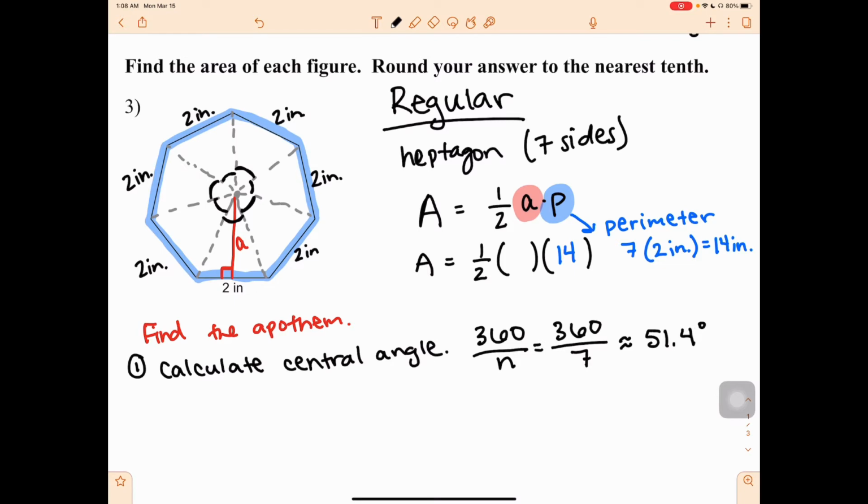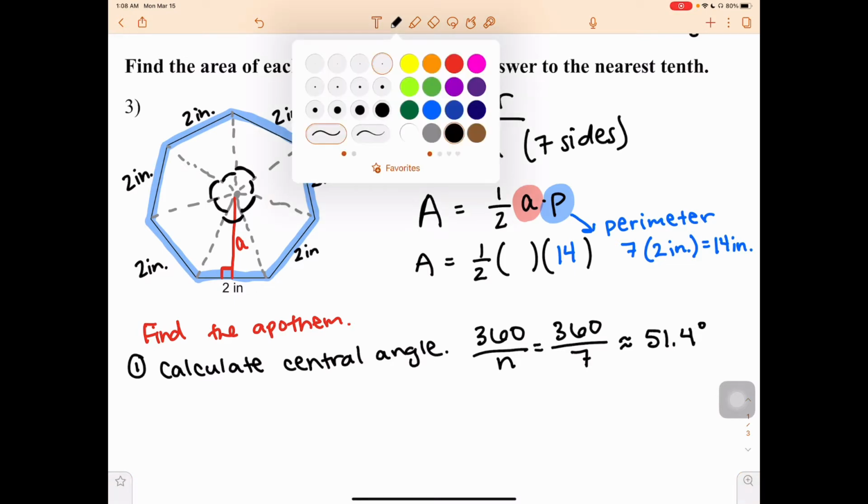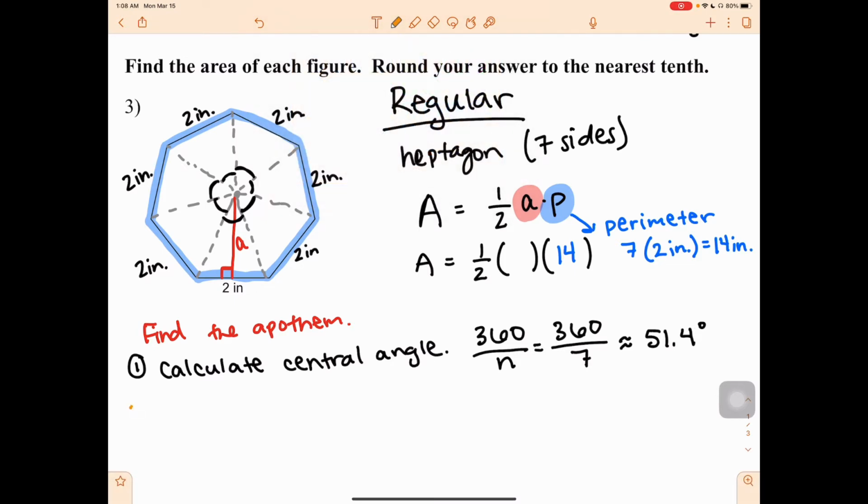All right. Now the second step is to draw a right triangle from half of the isosceles triangle.